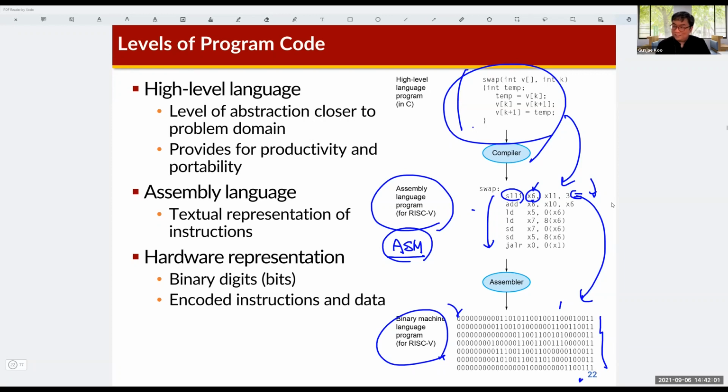Someone may not agree, but it's easier than assembly code. And then we just see this form of the software. And by compiler and assembler, these high-level languages are translated into machine code.